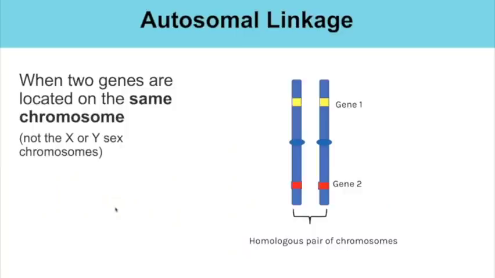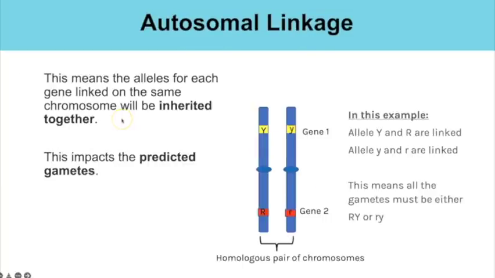So autosomal linkage is when 2 genes are located on the same chromosome, but it won't be the X or Y chromosome. So we can see here we have gene 1 is found on the same chromosome as gene 2. And this is showing us the homologous pair of that particular chromosome. So what this means is that the alleles for each gene are linked on the same chromosome.